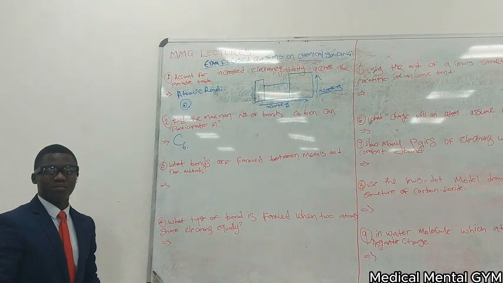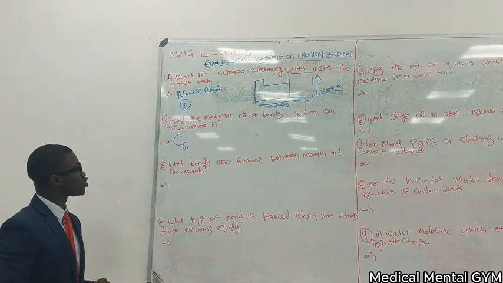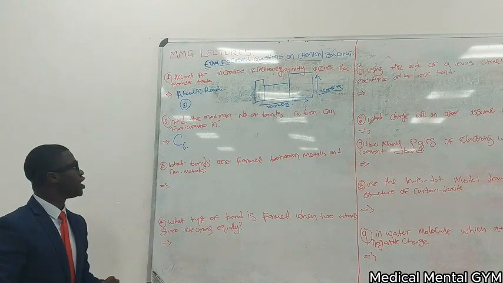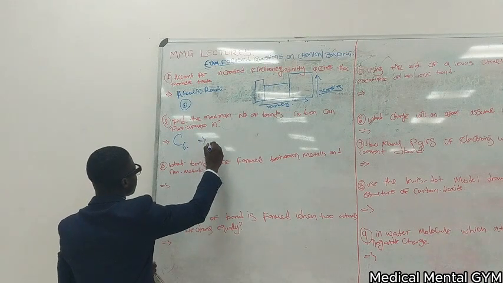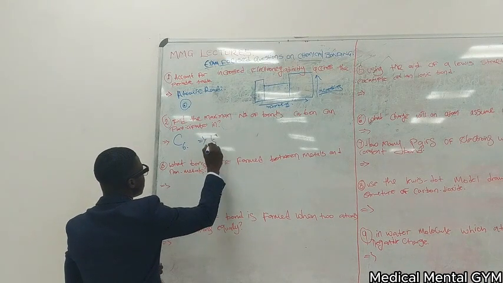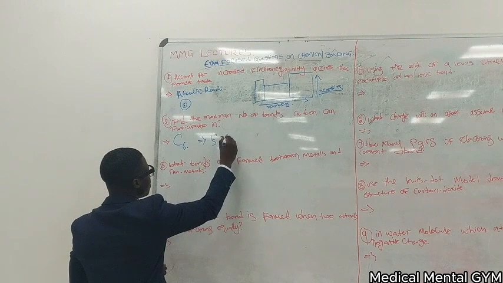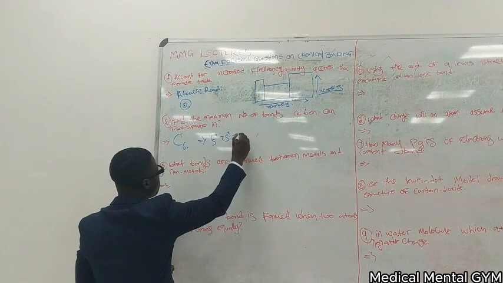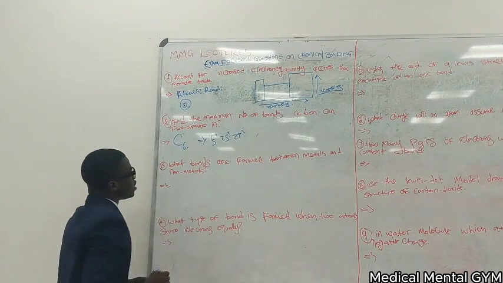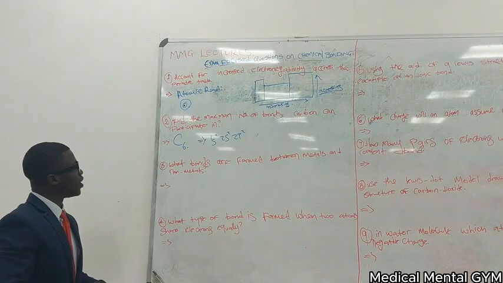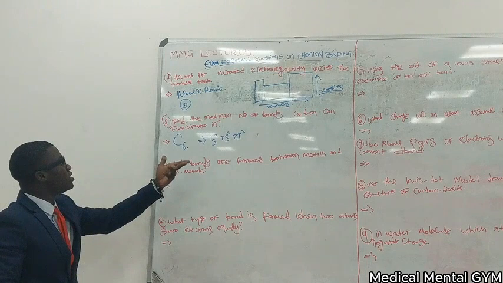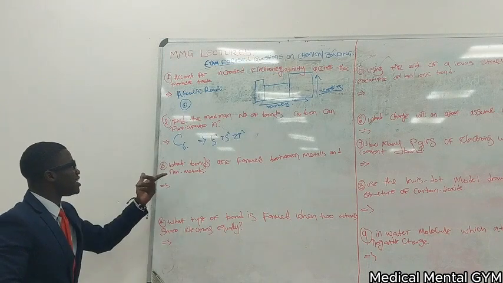If we try to draw up the electronic configuration of carbon, it will be as follows: 1s2 2s2 2p2. So from this configuration, we can understand why and how many bonds this carbon is participating in.